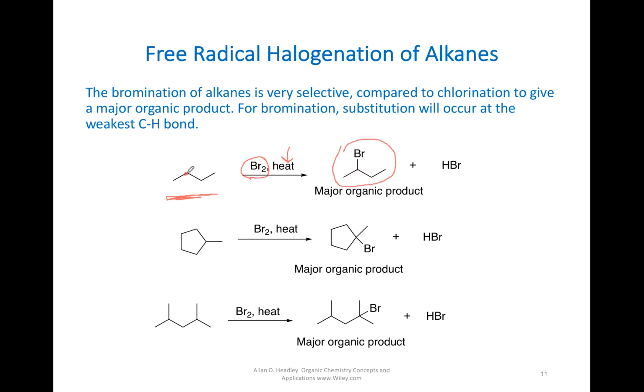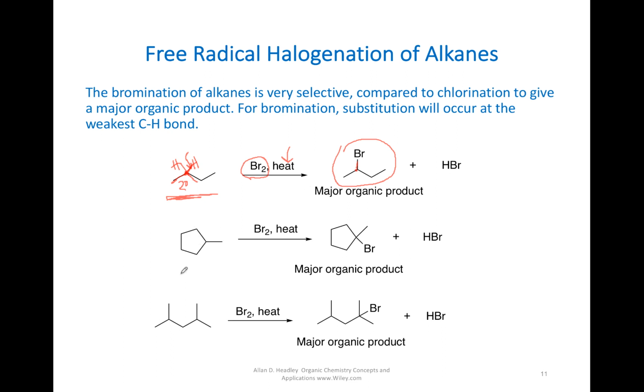Why? Because this carbon here has 2 hydrogens, and it's bonded to 2 other carbons, which makes it a secondary carbon, and this is a secondary CH, weaker bond right here. So therefore this is the major product.